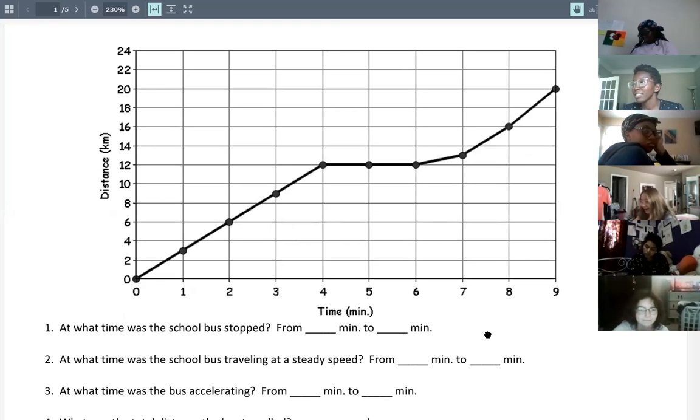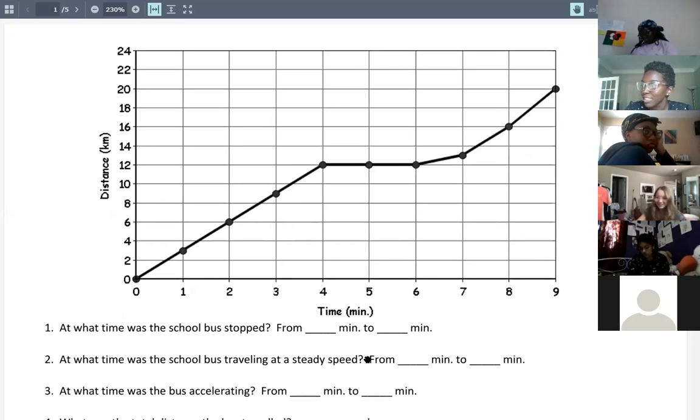All right, now let's look at the questions. Could somebody tell me from what time was the bus not moving, so it was stopped? So if it's stopped, that means your distance should not be changing, correct? From 4 to 6 minutes. Very nice.